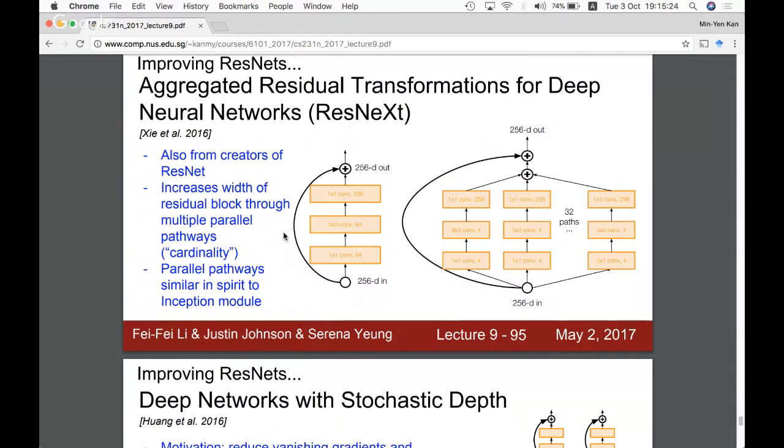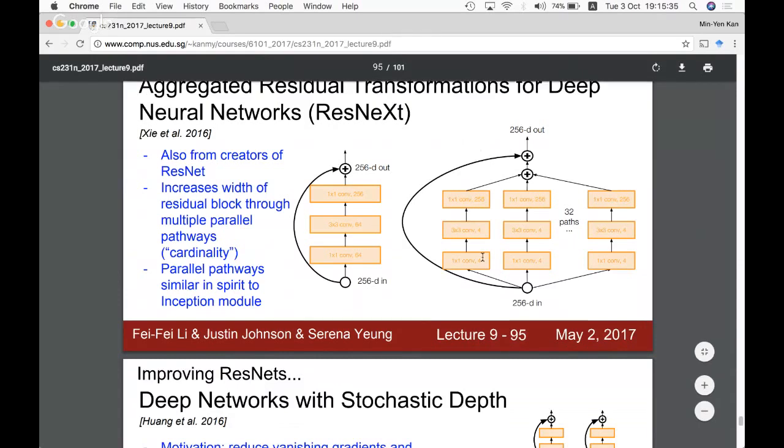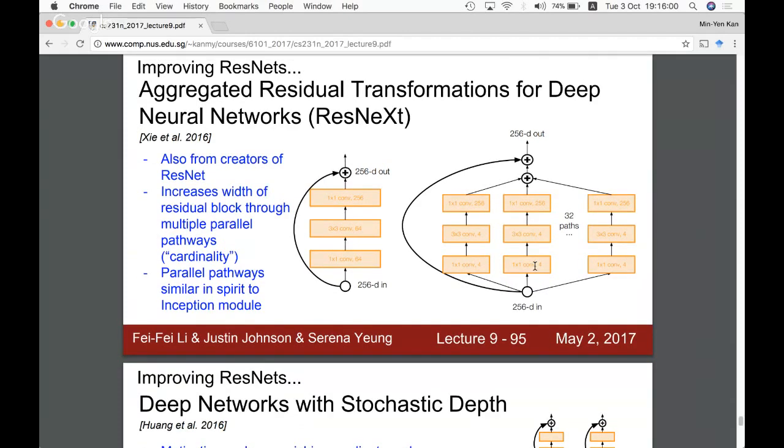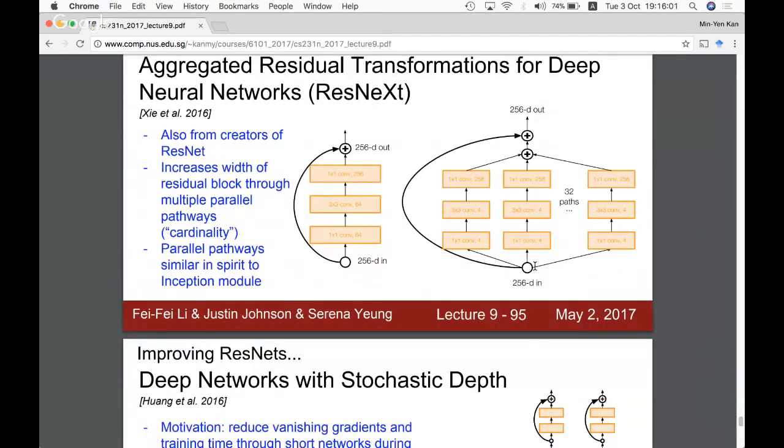But instead of just increasing the width directly, they use parallel pathways, which is similar to the inception module, using 1x1 conv layers before doing the bigger convolutions. It's basically the same thing, but instead of using wider filters, they use different pathways, and they call it cardinality.